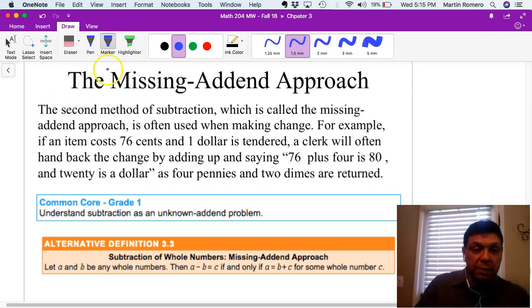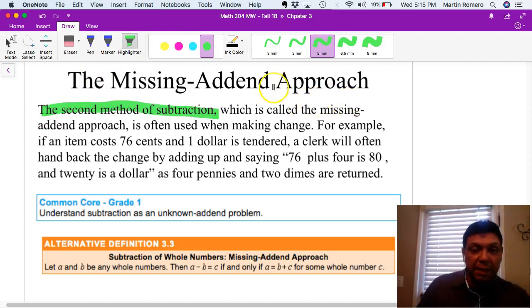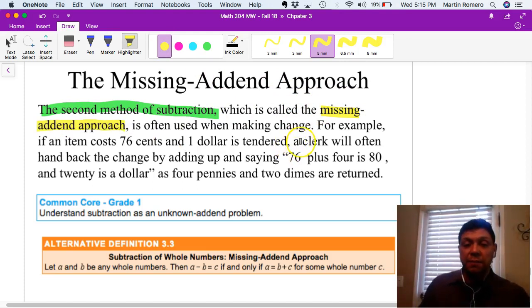And so you can see here our second method for viewing subtraction is called the missing addend approach. And so looking at that it's really the idea of using addition to solve a subtraction problem. And that's called the unknown addend. For example, when you buy something, it's $1, you give them 76 cents, they're going to count up to give you your change.